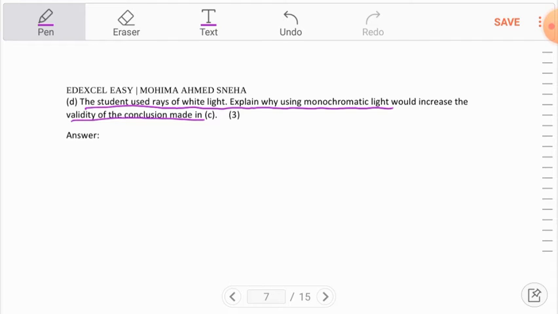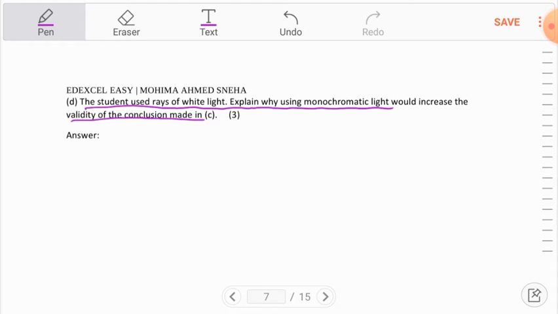When a mixture of wavelengths travels through glass, the different wavelengths refract at different angles, and that would cause uncertainty in the values measured for both angles. And if there is an uncertainty in the measurement of the angles, the entire value for the refractive index would be affected. That's why monochromatic light would give a much more reliable and accurate value for the angles, and thus for the refractive index.